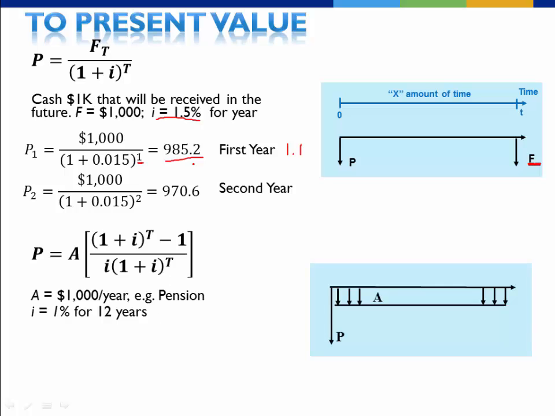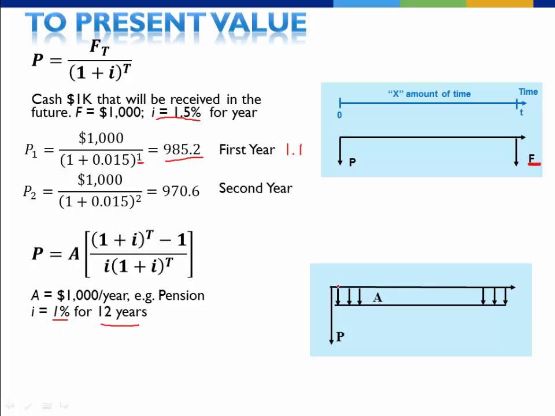And so on. Now, let's say that you're going to be receiving a pension annually for 12 years. And this pension is, let's say, $1,000 every year. Imagine that for some reason you're receiving this much money. So in this case, what if the interest rate is only 1%?